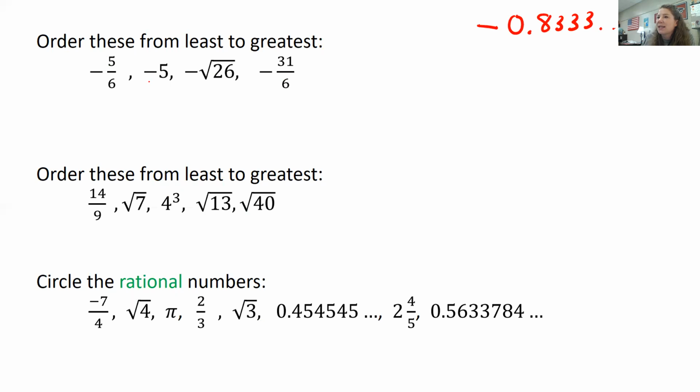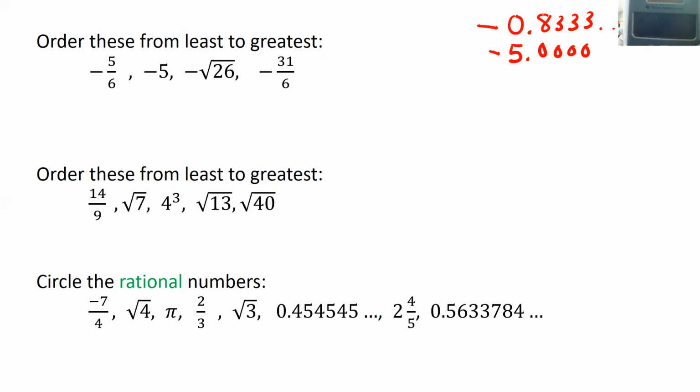And then, of course, we have -5. -5 is a whole number. So if I added numbers after my decimal, they'd all be zeros. Now, the next one, we don't know what it is, but hopefully you guys have this calculator, this Texas Instruments MultiView 30XS, and there's a radical button, a square root button, which is just over the x squared. So I'm going to hit second, and I'm going to hit that x squared button.